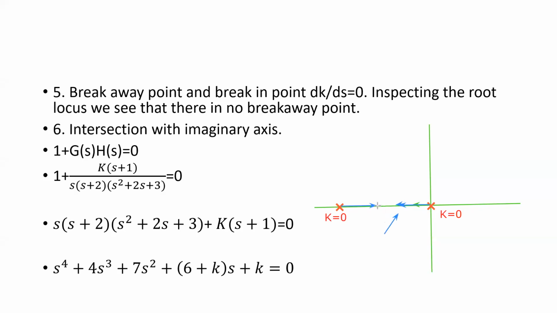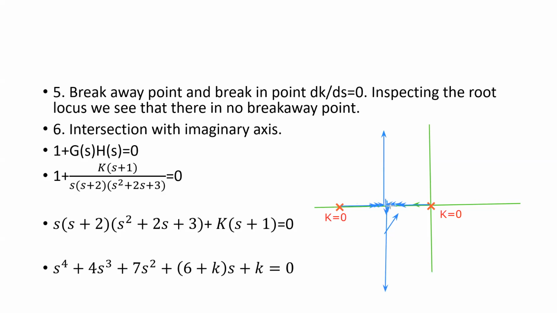They come like this, and finally at one particular point they meet. This point is called the breakaway point. Here it was 0, but there we had taken k equal to a square by 4. The value goes on increasing, they meet at a point and then later they break. One goes up like this, the other comes down like this.